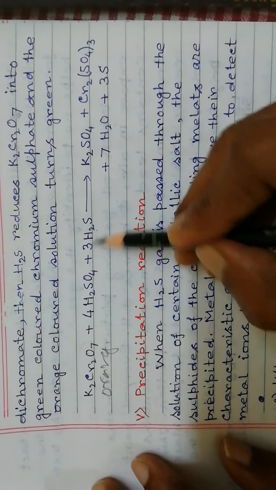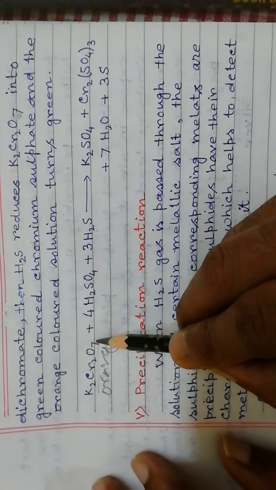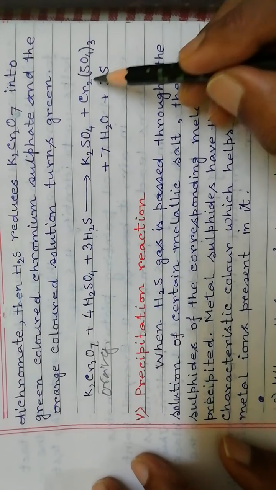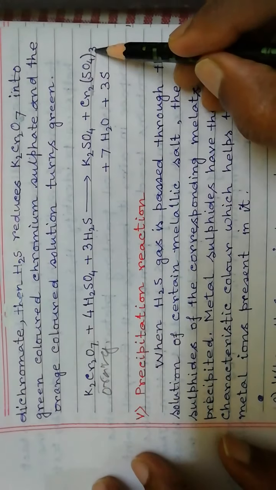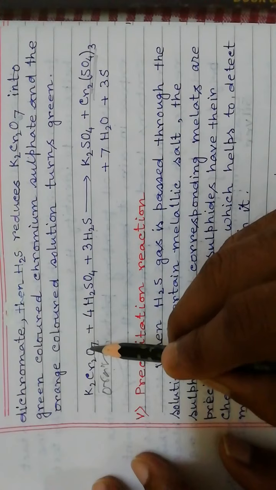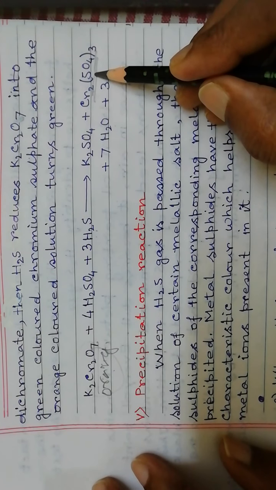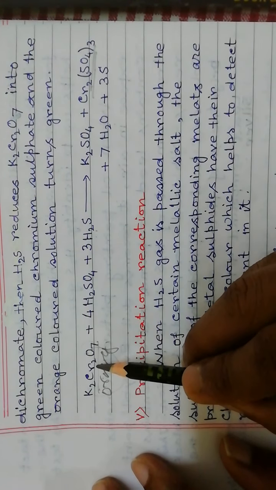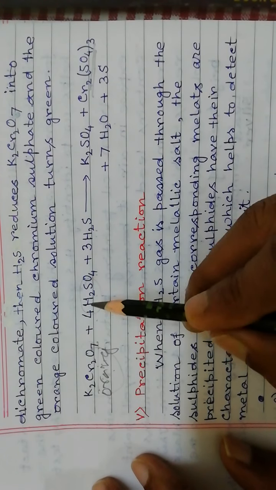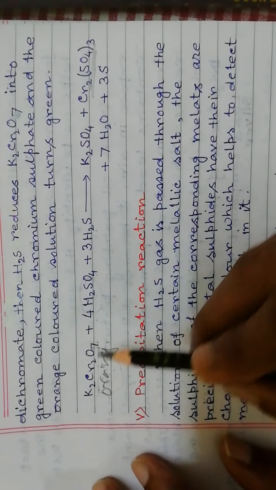When H2S is passed, the orange potassium dichromate is reduced to chromic sulphate, and its color is green. So the orange solution turns green. The reaction is K2Cr2O7 plus H2SO4 for the acidification of potassium dichromate.